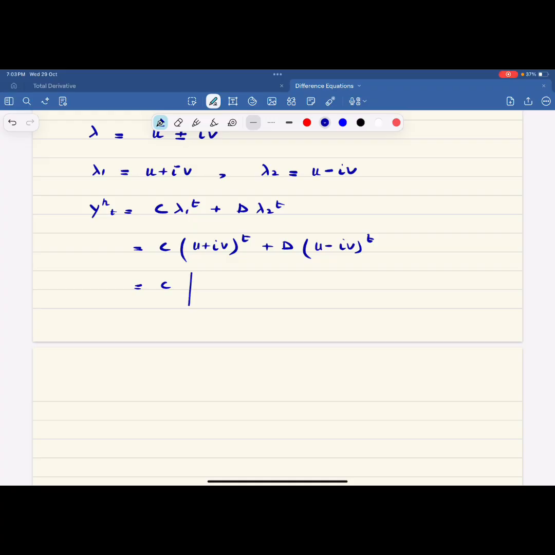So I can write this as r(cos θ + i sin θ)^t. I can write the other complex number using cos and sine as well: r(cos θ − i sin θ)^t.